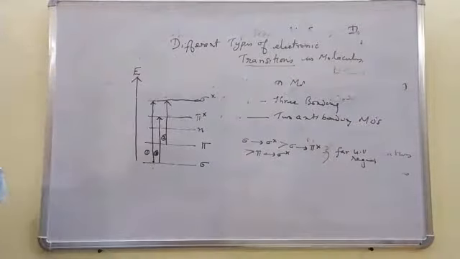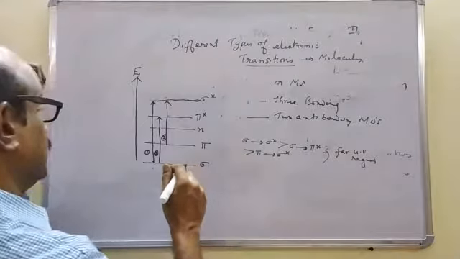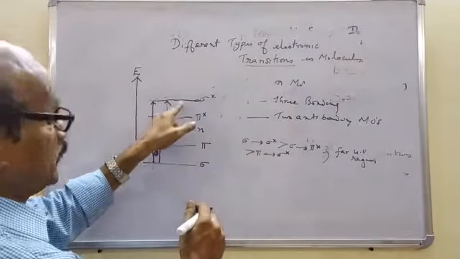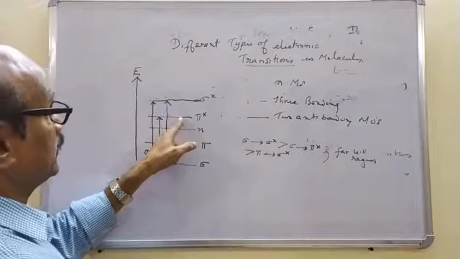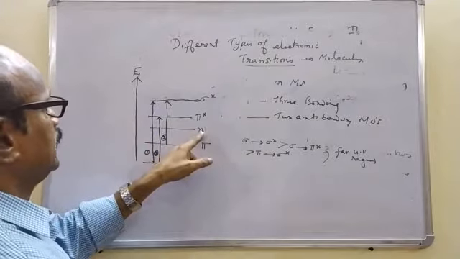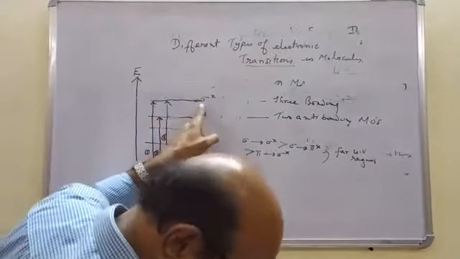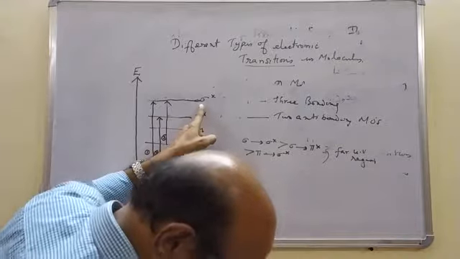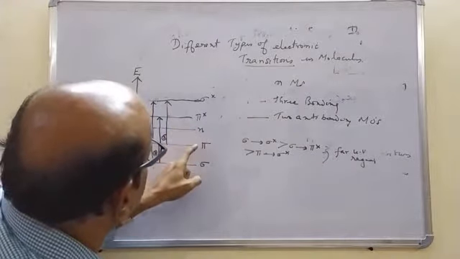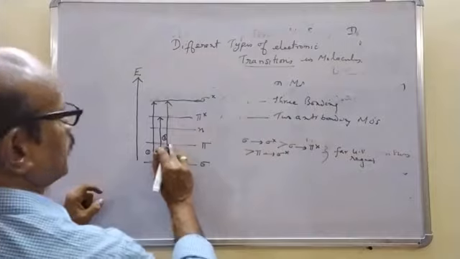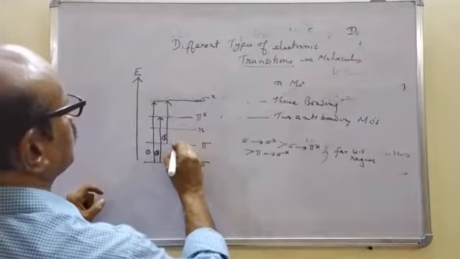But the other 3 transitions, that is pi to sigma star, n to sigma star, pi to pi star, and n to pi star transitions, are of importance in electronic spectroscopy.